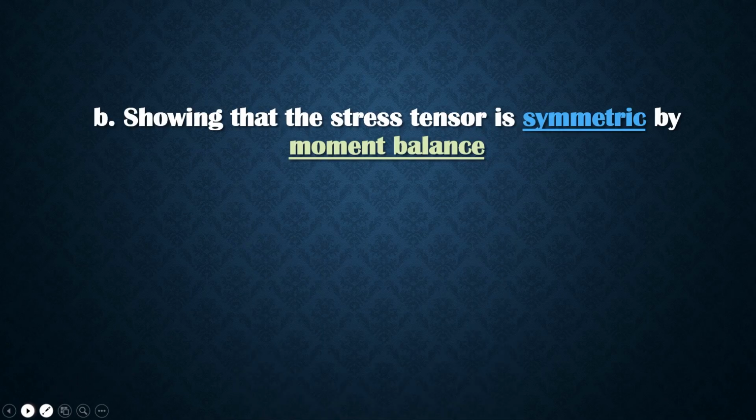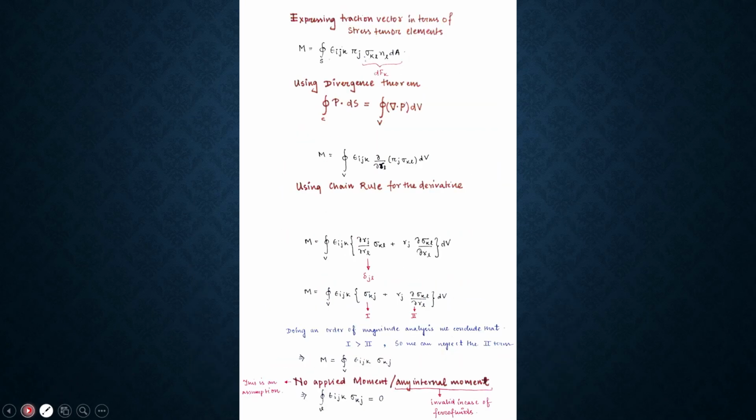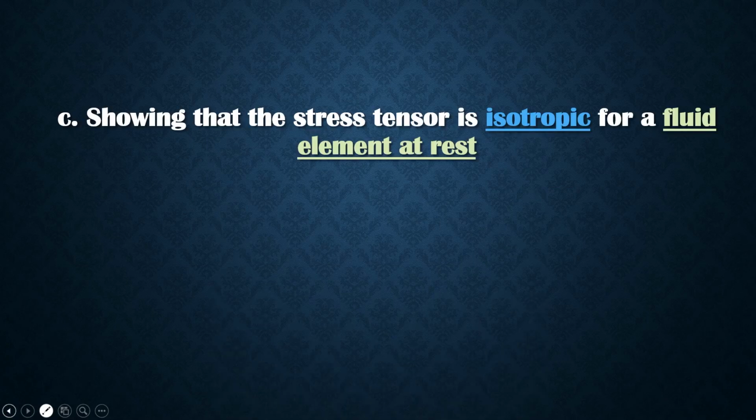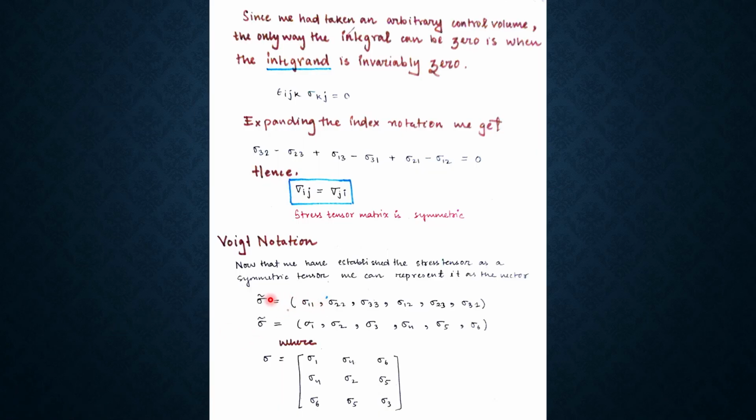So what we do in that void notation is, we can simply write it as this: sigma tilde, sigma 11, sigma 22, sigma 33, sigma 12, sigma 23, sigma 31. So we have managed to reduce the tensor from 9 independent terms to just 6 independent terms. And this is a really nice achievement considering the analysis that we're going to do further.